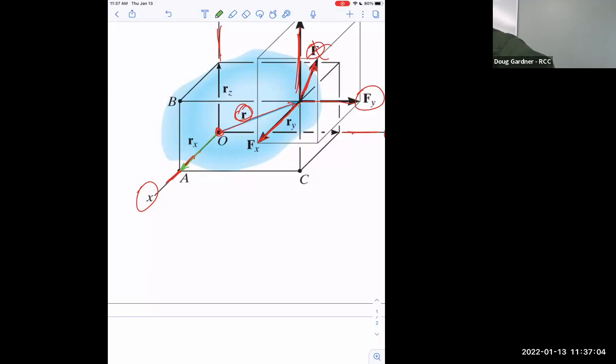Well, can you see where this point is? To get from O to here, you go over X this far, and then see what RY is? It's right there. You go over Y to there, so that's RY. And then you go up R of Z, which is the same distance as that R of Z over there. So you go X, Y, Z, and aren't you now at the base of that force? That's where it is.